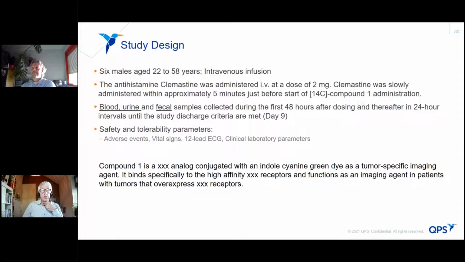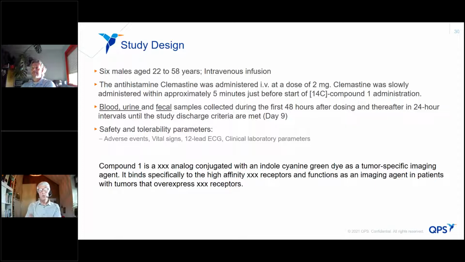Again, we dosed, and you can see it's the same as the previous study, 22 to 58 years old. So it's kind of our standard volunteers that are willing to do that. For a specific reason, we co-administered clemastine, which was a specific requirement for this study. We collected blood, urine, and fecal samples.